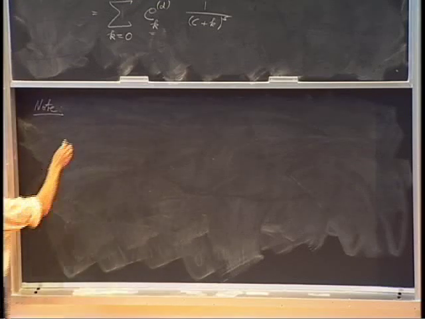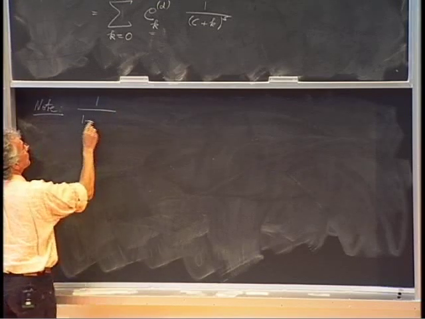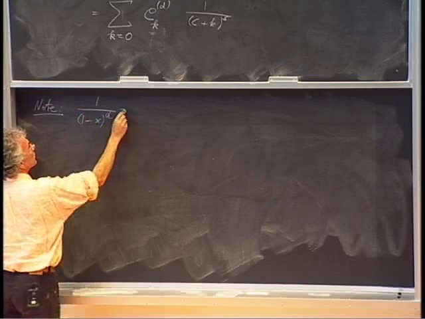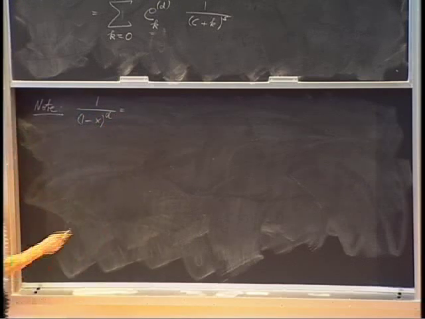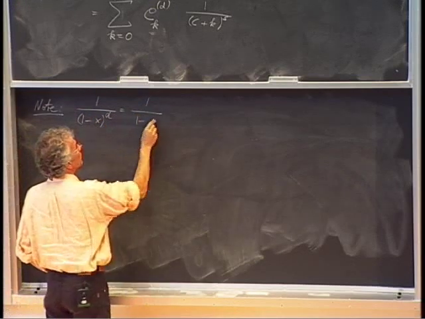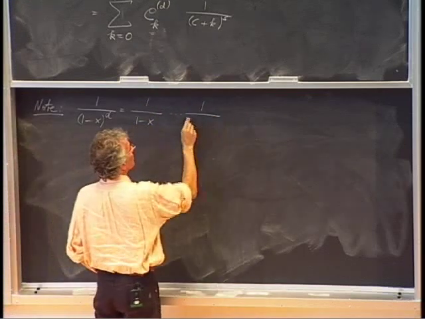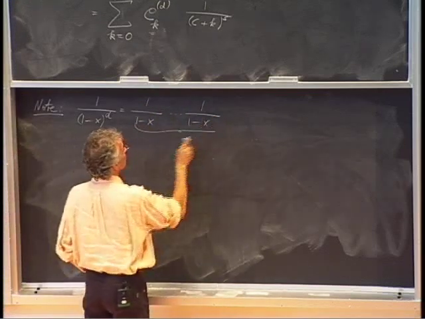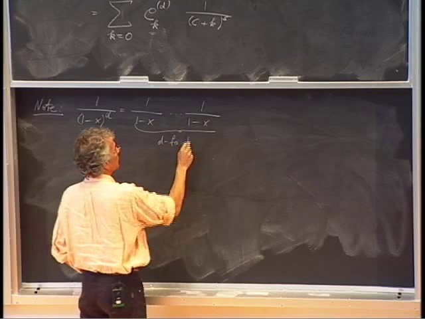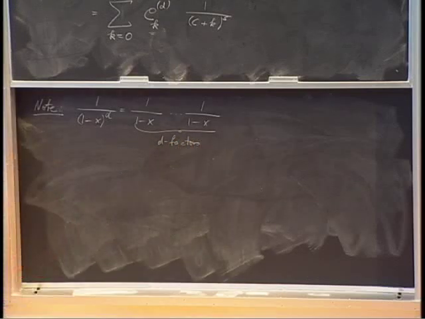So you look at the geometric series 1 over 1 minus x to the power d. For each vector, you use the geometric series.